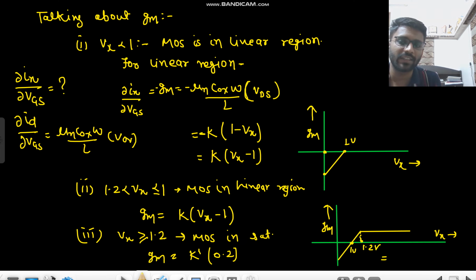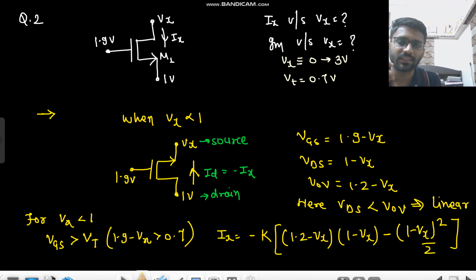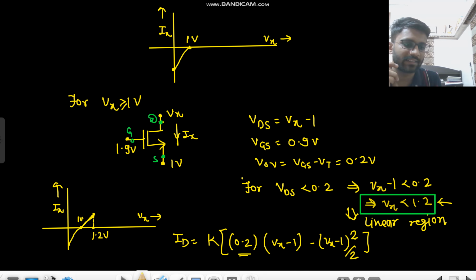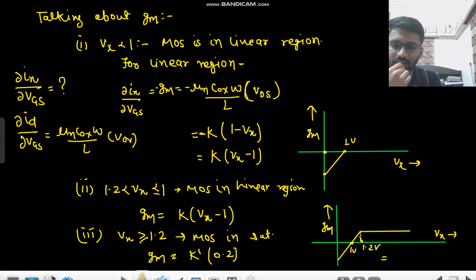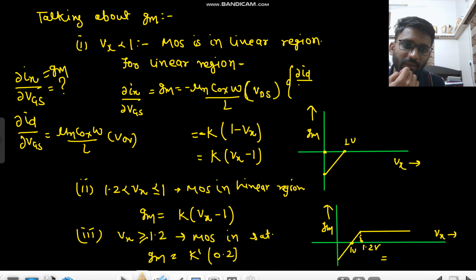If we replace Id, Id is equal to minus Ix for this condition. Right? So this is equal to Gm, and in bracket I need to write delta Id upon delta Vgs, which is mu n Cox W by L Vds. Okay, this we need to know.